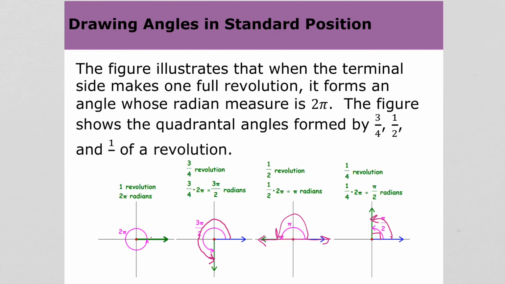If you take pi over 2 and add pi to it, get a common denominator, all that, you get 3 pi over 2. So 3/4 of a revolution is 3 pi over 2 radians. Or 90 plus 90 plus 90 is 270 degrees.